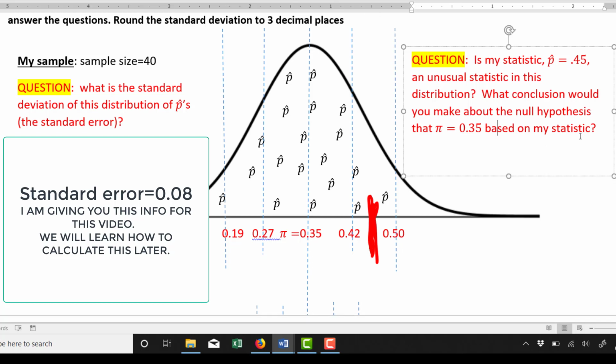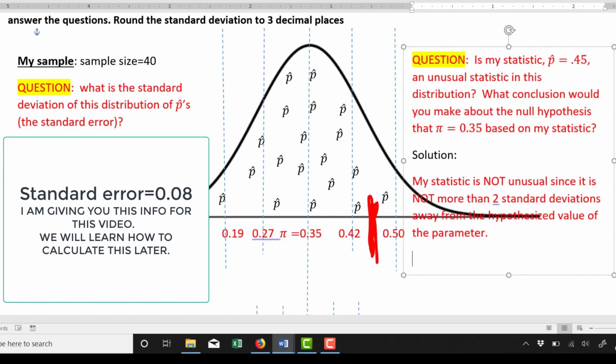Remember, we would think of something as being unusual if it was more than 2 standard deviations away from the middle. I could actually find the standardized statistic, the z-score. The z-score for this statistic would be 0.45 minus 0.35 divided by 0.08. Remember, statistic minus the mean of the null divided by the standard deviation of the null distribution.